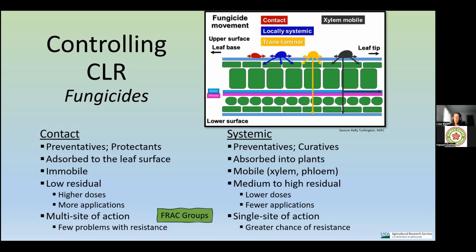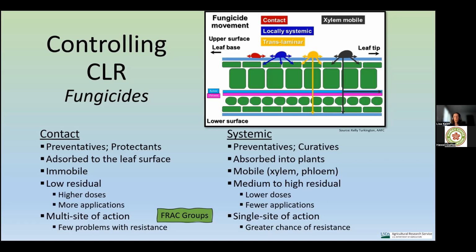Systemics tend to have a single site of action. So what part of the pathogen is this product going to poison, and how does it work? That is that mode of action. And with a single mode of action, there's a greater chance of resistance.